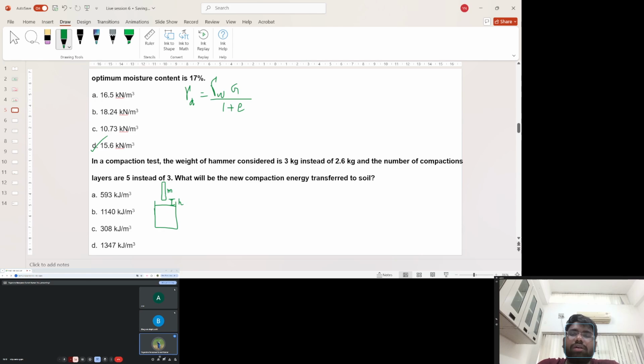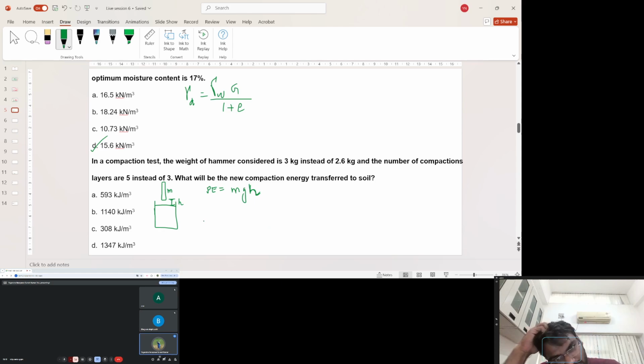At this position the hammer has a potential energy of mgh, and this energy is converted into the compaction energy on the soil for each blow and for each layer.